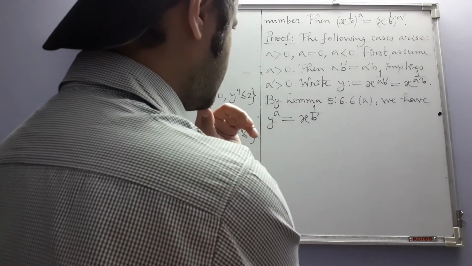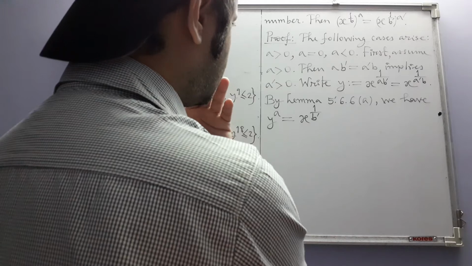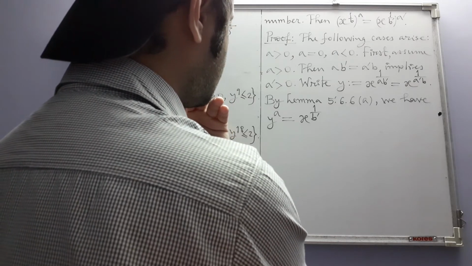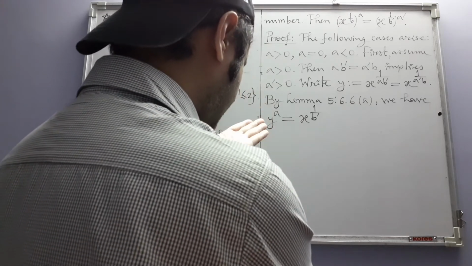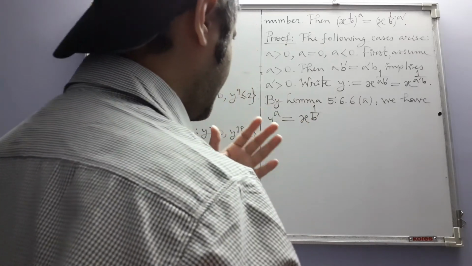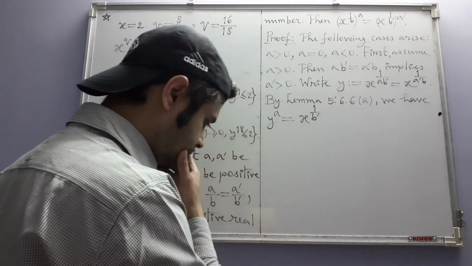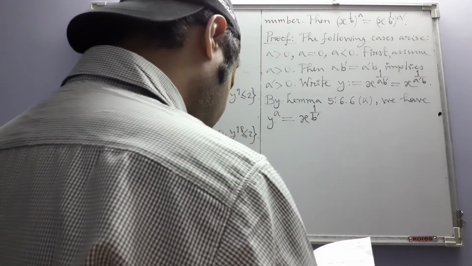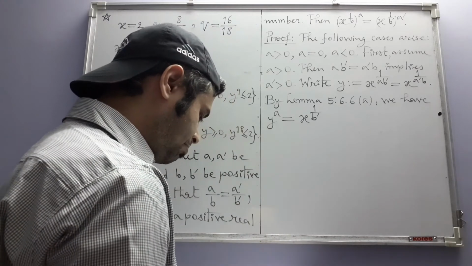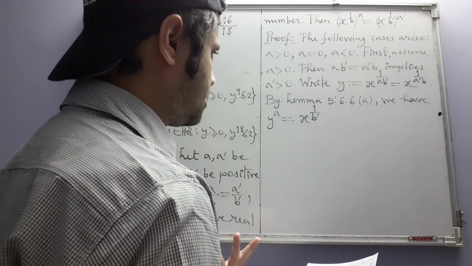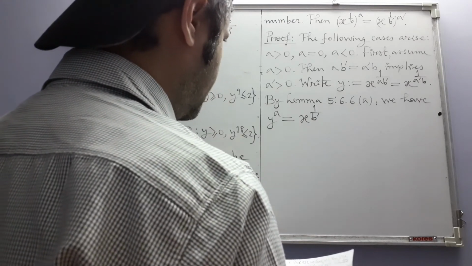That's what I am thinking. I don't think this is an application of only part A. It has other things also. Now I notice, yes, we actually have to apply many things. Why is Tao saying that we are using only lemma 566A?